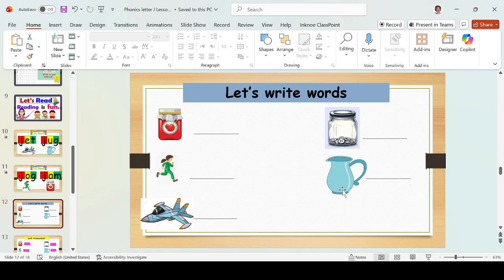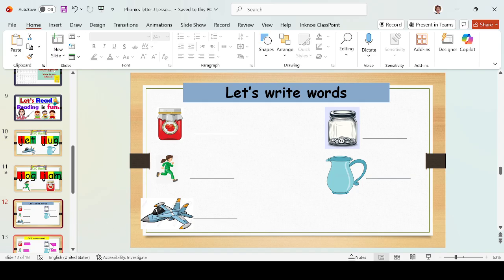A for umbrella, not A for apple. All right, and the last one, the word jet. J, A, T, jet. You can pause the video and try to write your words.